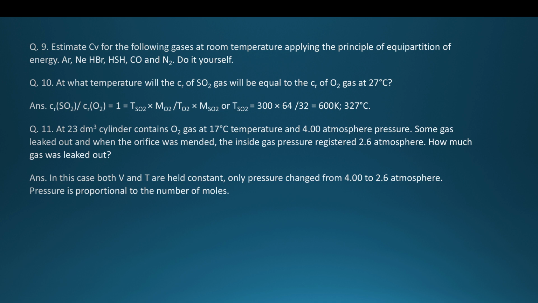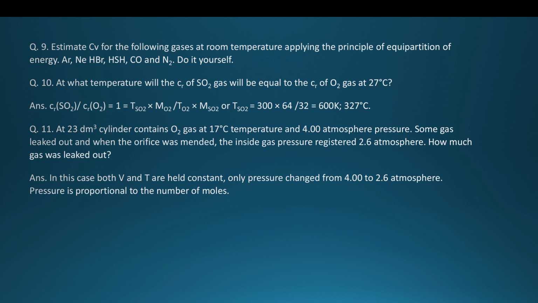We have to estimate Cv for some of the molecules below: argon, neon, HBr, and one more question. At what temperature will the Cv of SO2 gas be equal to the Cv of O2 gas at 27 degrees Celsius? A very simple question.